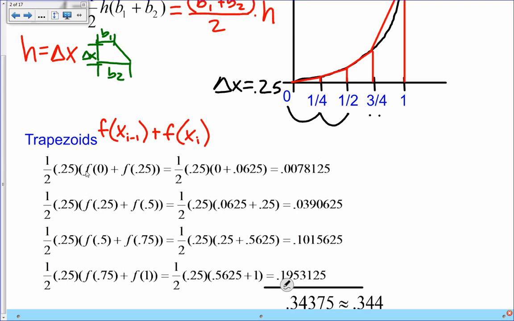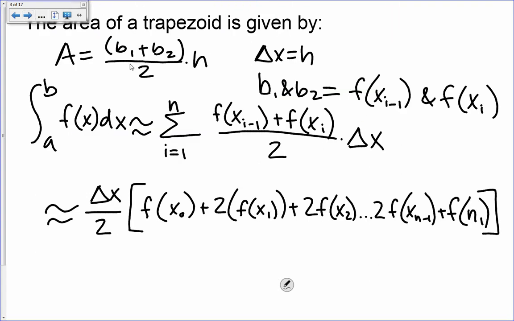But our first base length, f of 0, is only used once, and our last base length is f of 1, which is also only used once. So that is where this formula comes from. In the end, we do 2 of each base length, except for the first and the last. So this here is our formula for finding the area under the curve approximated by the trapezoid method.